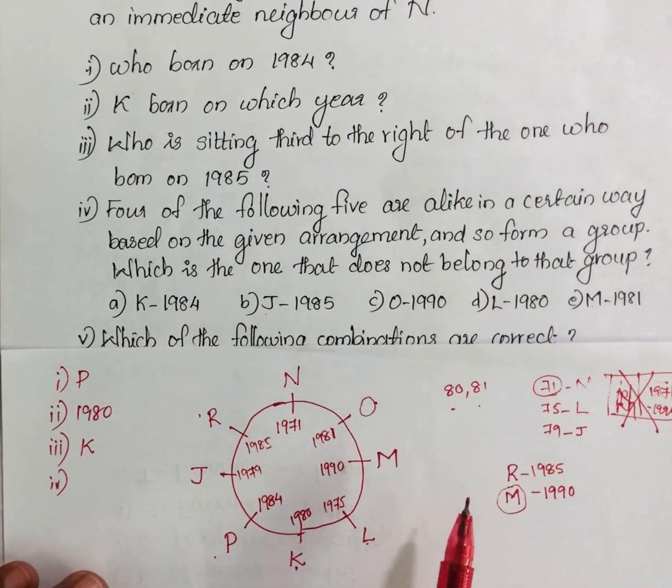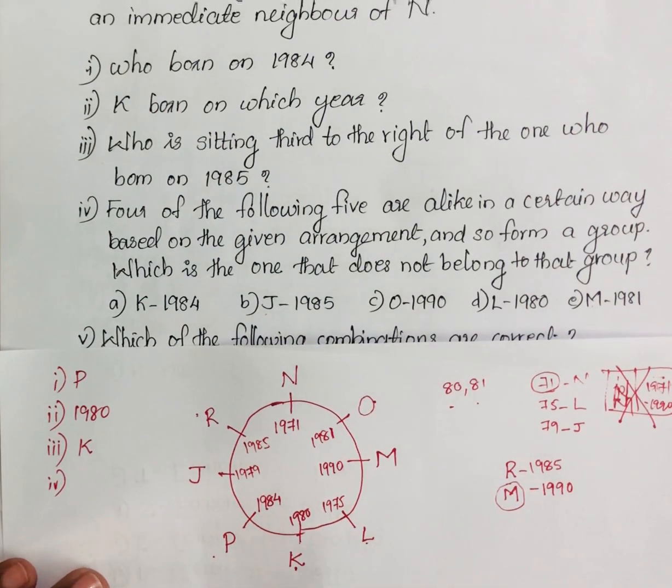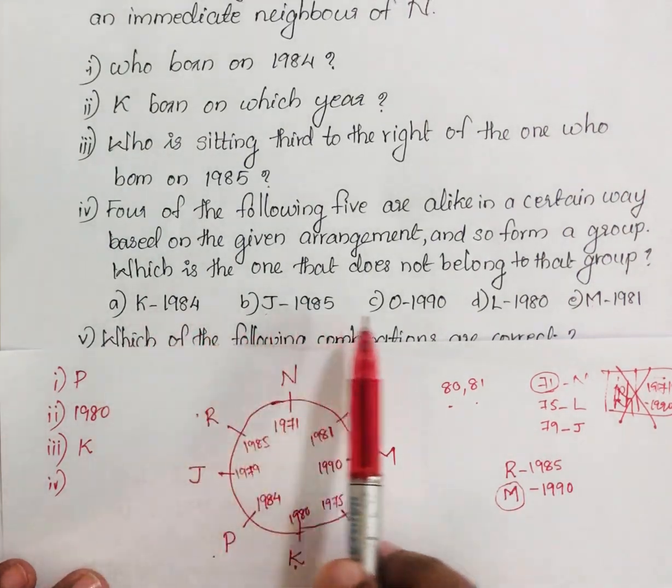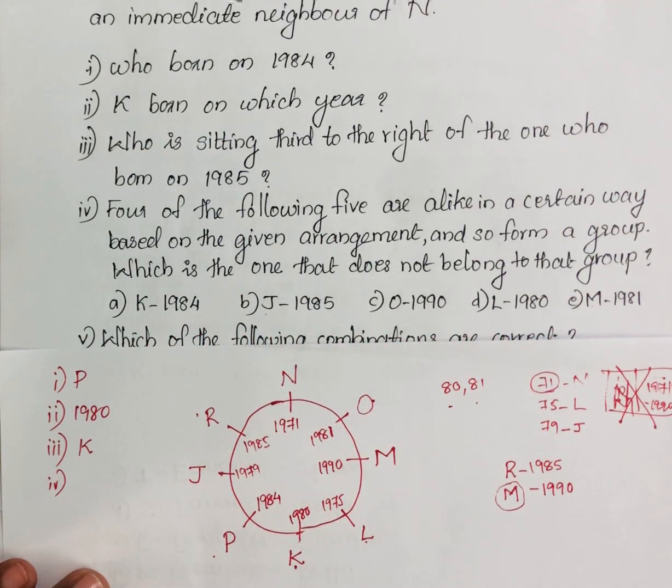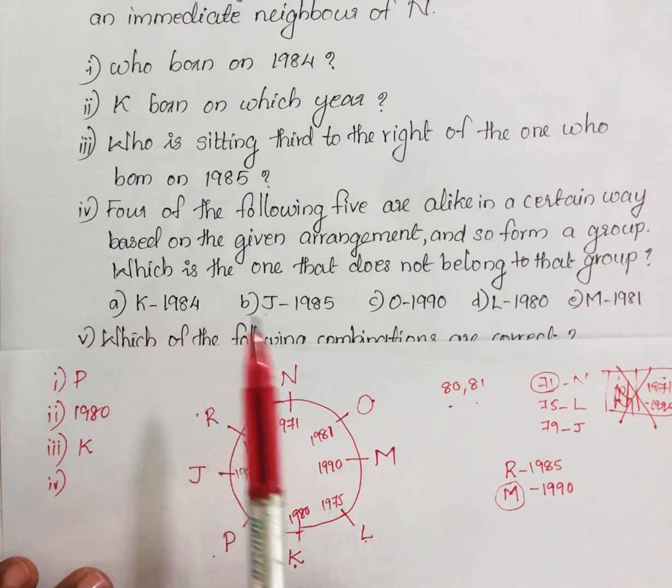Here some people will think that this question is asking about the correct combination. But they are not asking about the correct combination. In no option is the correct year of that person given. Based on that arrangement we have to find out which one is the odd one out of these options.